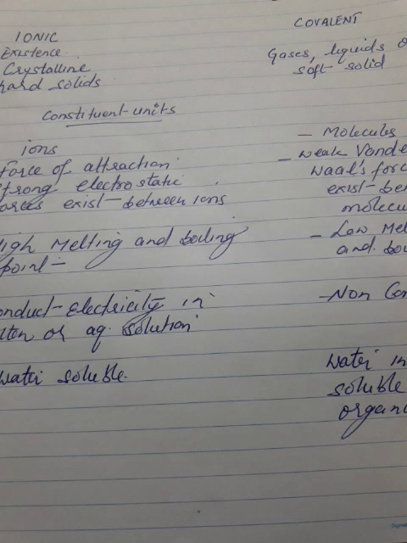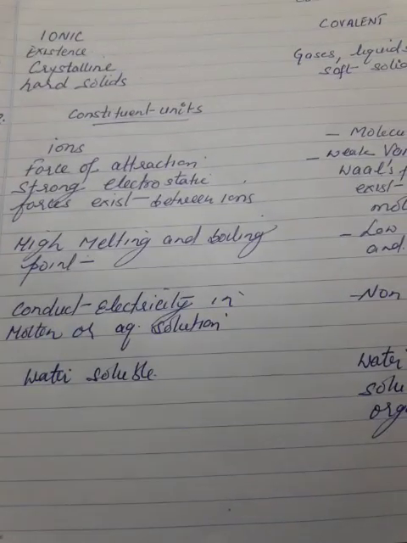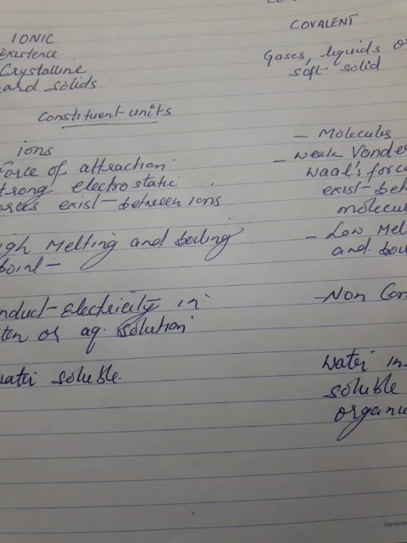A few differences we will discuss. First, existence, how they exist in nature. Ionic compounds exist as crystalline solids due to very strong electrostatic forces present between them, whereas covalent compounds can exist as gases, liquids or soft solids due to the presence of weak forces.